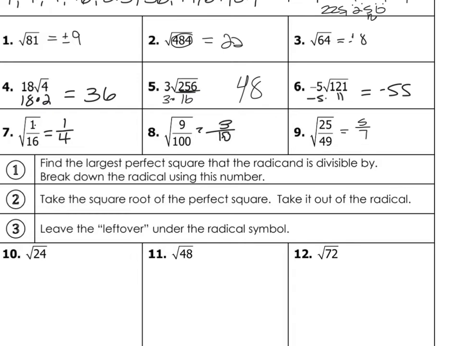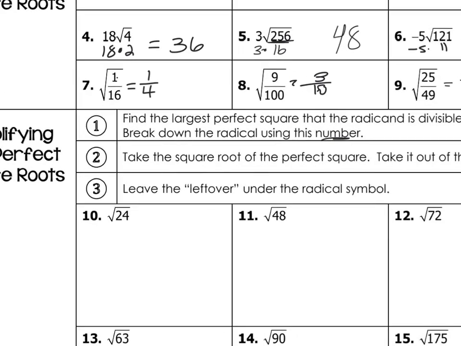Break it down using the radical, using this number. Then take the square root of the perfect square and take it out of the radicand, and leave the leftover under the radical symbol. All right, so let me show you what they're talking about.